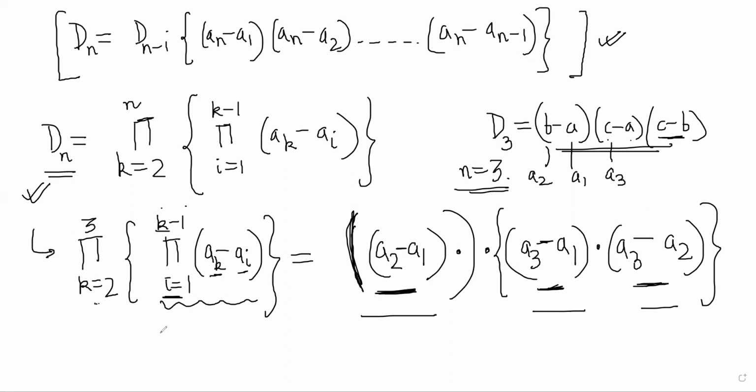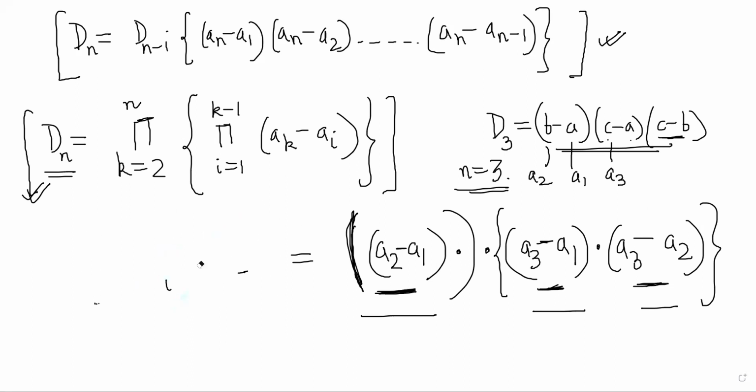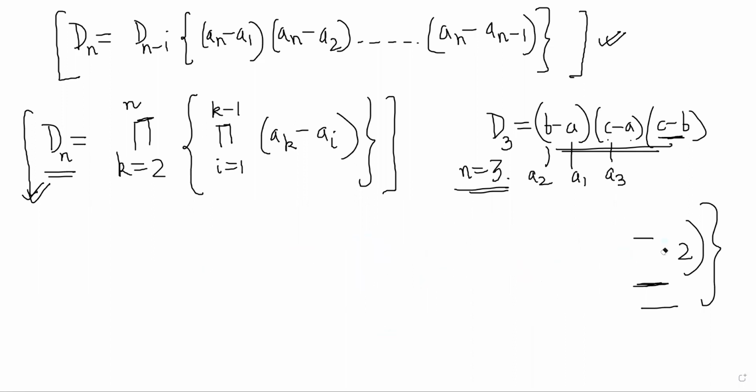Let's do the n is equal to 4 case in this formula also. The n is equal to 4 case for this formula, right? So I would say this becomes, I'll just write it like this.